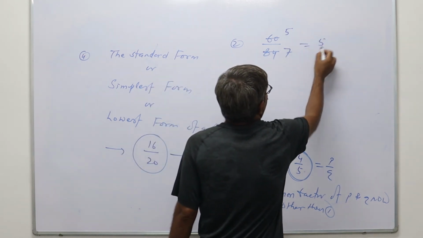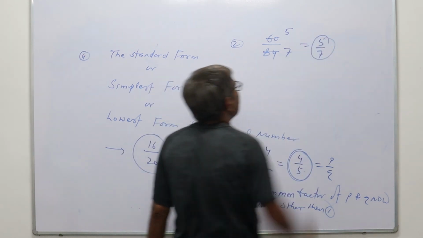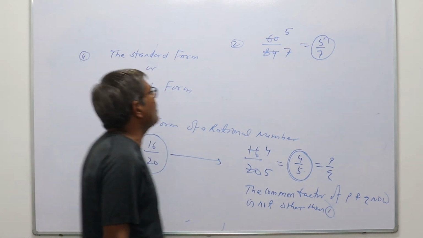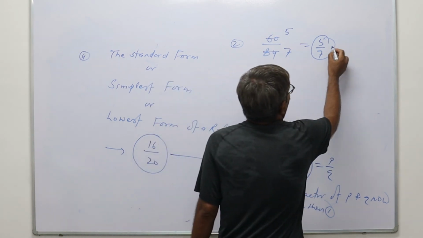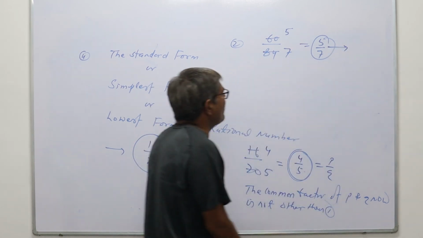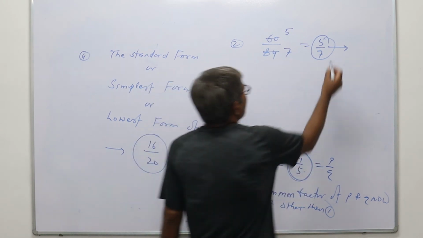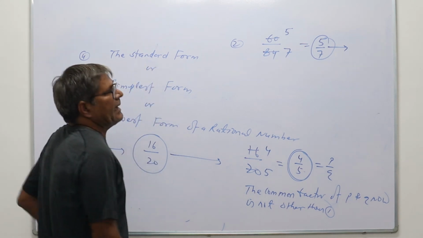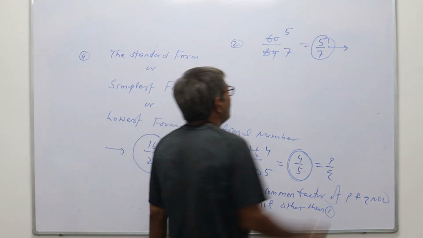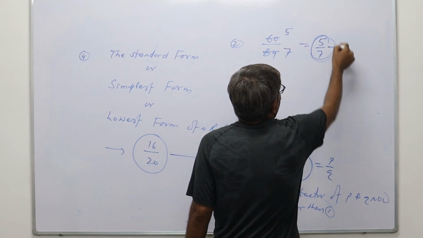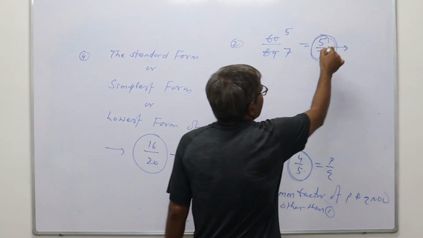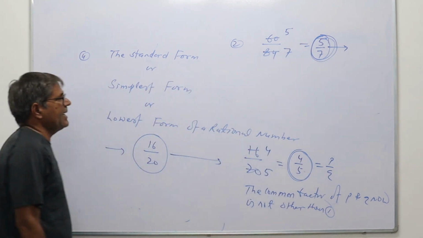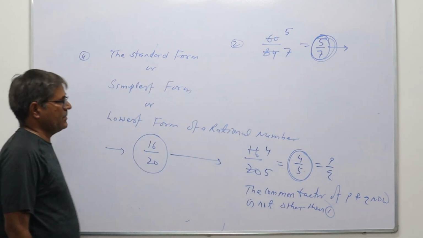So this 5 upon 7 is the simplest or the standard or lowest form, because how will we check that this format is the lowest form? Now this is the lowest form because there is no common factor other than 1. So if the common factor of numerator and denominator is now only 1, then this format will be known as lowest form or standard form or the simplest form.